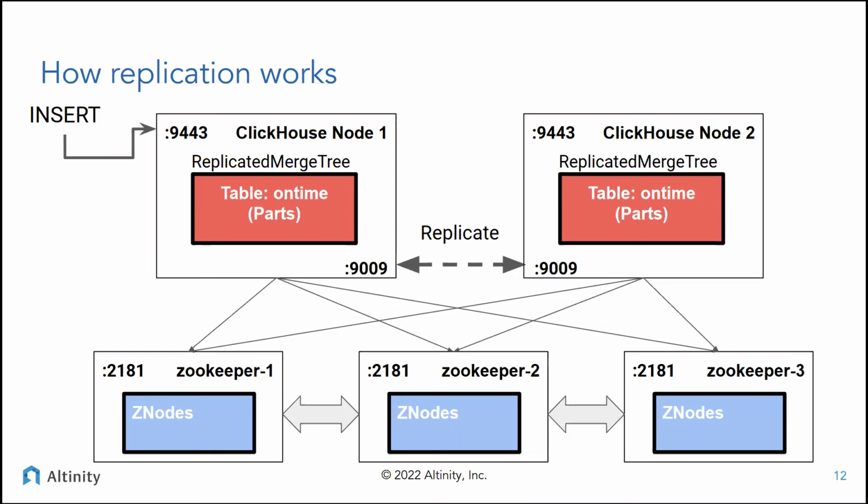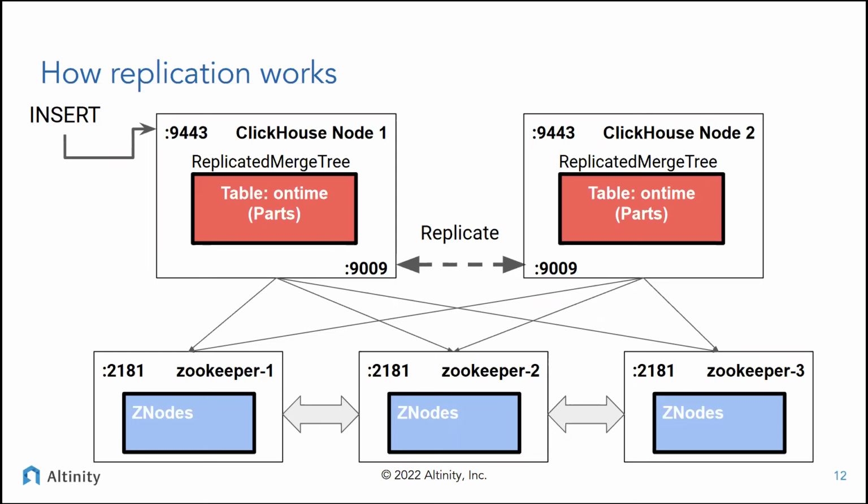So when a part is loaded into this first node, the replicated merge tree stores the data, but it also makes a note in Zookeeper. It says, "Hey, I've got this part," and gives the identifying information for it. Meanwhile, the other node is just scanning Zookeeper, keeping an eye on things, waiting for things to show up. As soon as it sees a part, it goes over and grabs it, by default through port 9009, and pulls it onto its table.